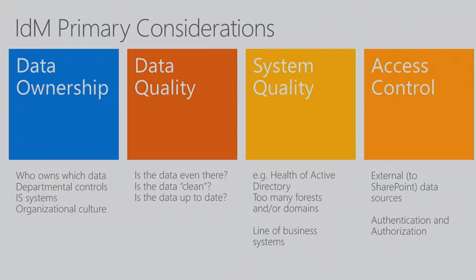So these four things, every time we do a health check, we always hit every one of these areas. It hasn't changed. I've been doing identity management since 1998 when I deployed a product called Zoomit Via, which became Microsoft Identity Manager. Every project I've worked on has had these four issues to some degree or another.